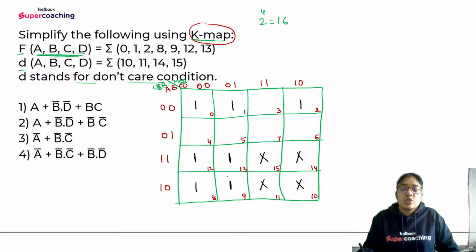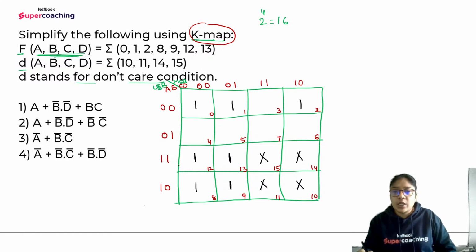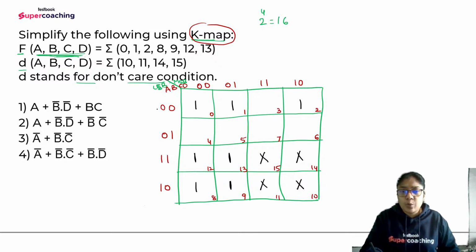For simplification purpose, what do we do? We need to create the groups of the maximum size. So first we check: you cannot combine all 16 cells because there are some blank entries. So we'll check for the octet. Is it possible to form an octet here? Let me provide the names as well.